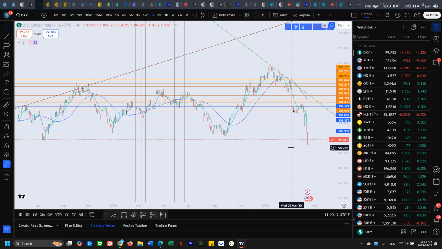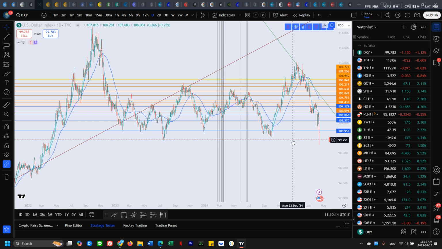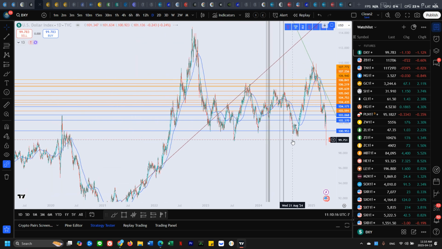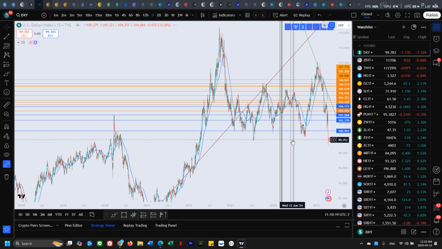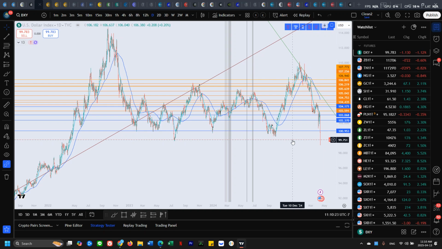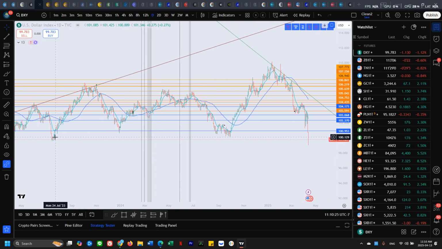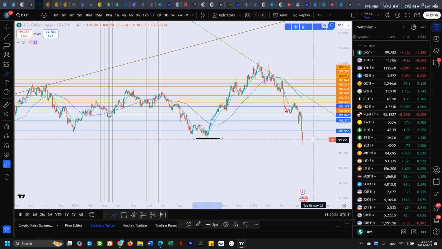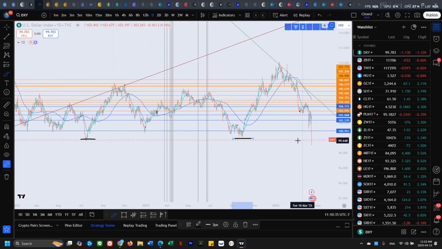But we are currently holding weekly supports, fortunately. And yeah, so we zoom out again. We pretty much broke this support and this support, but kind of lower wicked it and came back right into it.